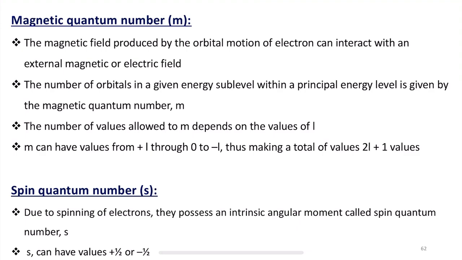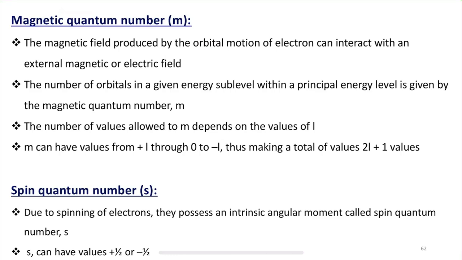The total number of orbitals in a subshell and the orientation of these orbitals are determined by the magnetic quantum number. This number yields the projection of the angular momentum corresponding to the orbital along a given axis. The magnetic field which is produced by the orbital motion of an electron can interact with an external magnetic or electric field.